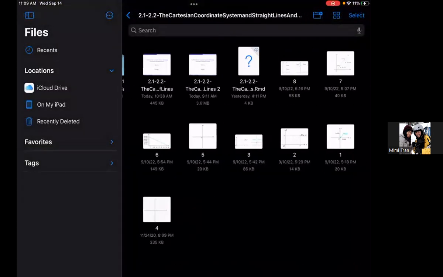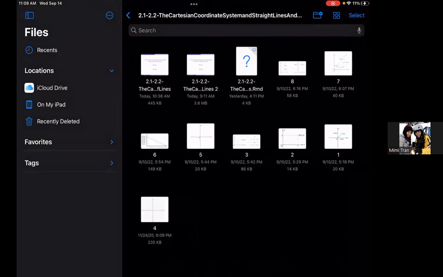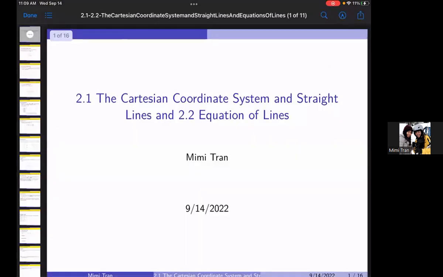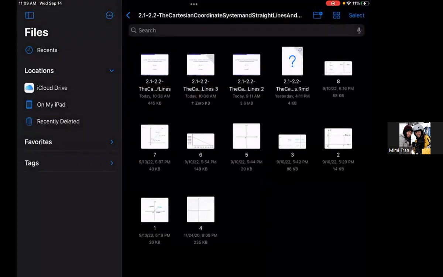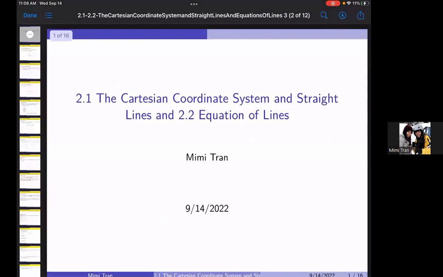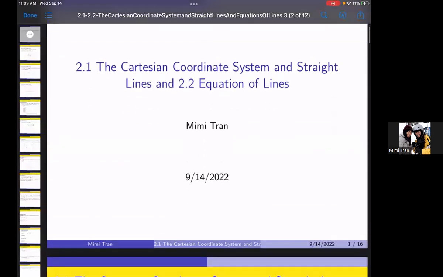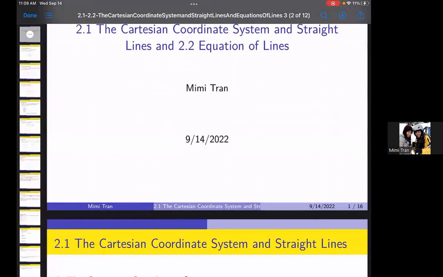All right, let's start with 2.2. Sorry, 2.1. Cartesian coordinate system. You've seen this before, at least in high school.